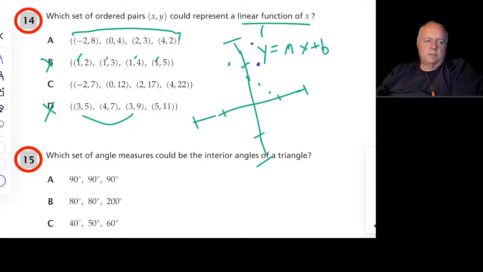Let me erase those. I'm doing D when I'm supposed to be looking at C. All right, let me change the color of the pen to red maybe.